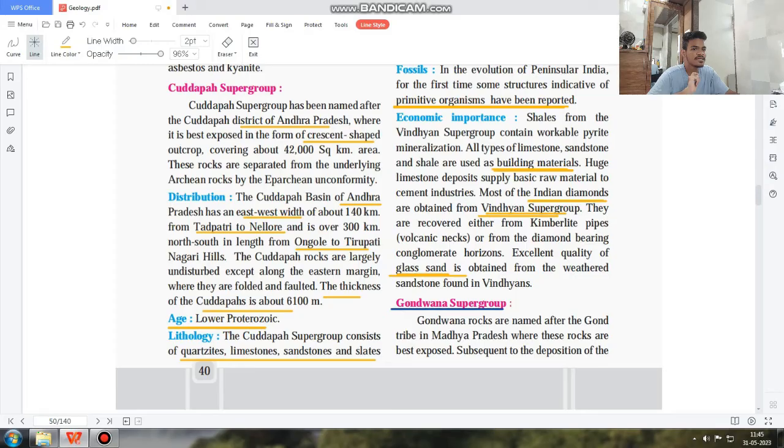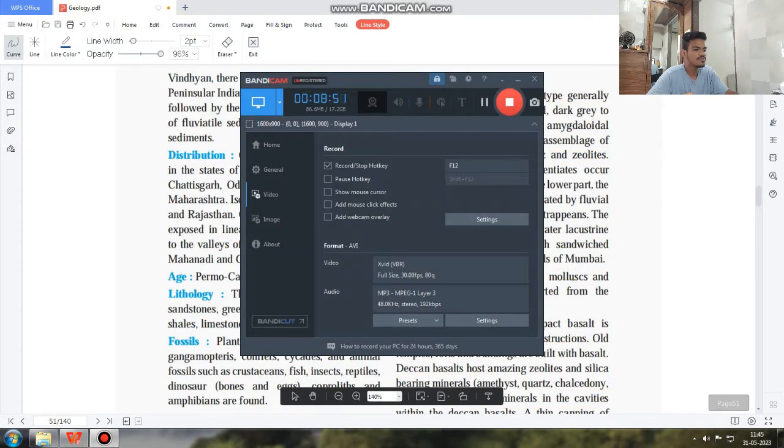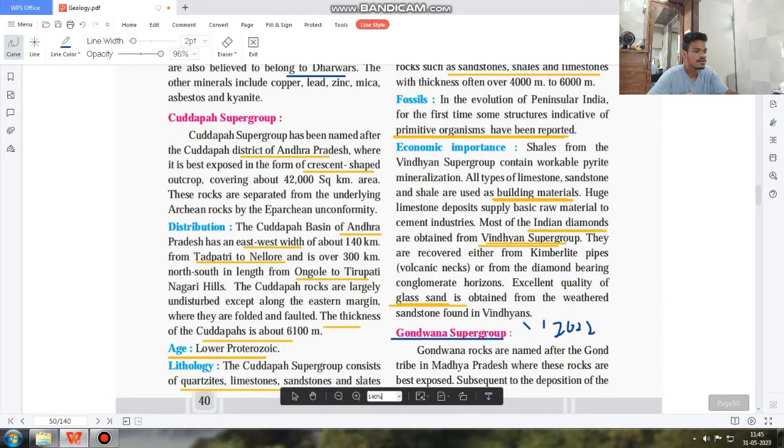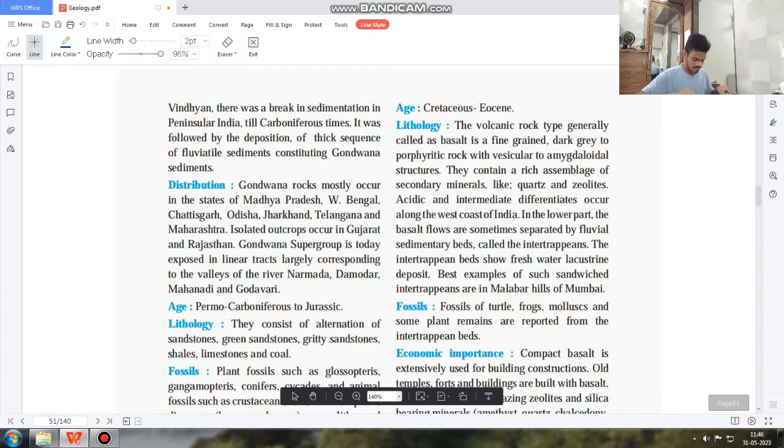This was the question which had come in 2022. Yes, Gondwana is found in Madhya Pradesh, in the Gond region of Madhya Pradesh.